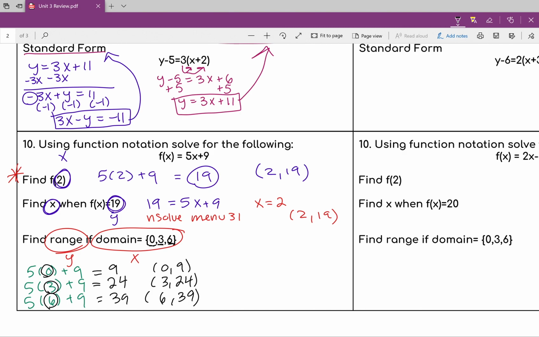Notice that 0, 3, and 6 right here are all the domain numbers, which means that 9, 24, and 39 must be all the range numbers. So the range is going to be 9, 24, 39.